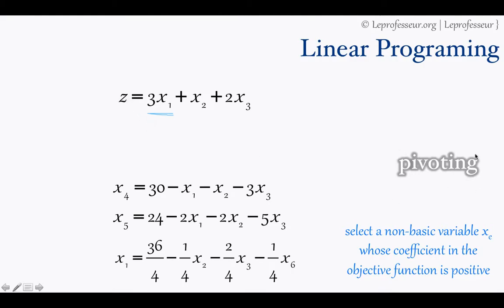This sort of thing is called pivoting. So we are trying to find the pivot variable, the one which enters into our solution, or basically the new variable which enters on the left-hand side, which is our basic variables, while the right-hand side are our non-basic variables.